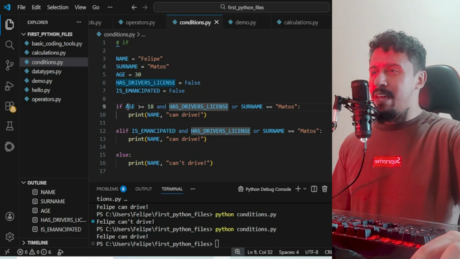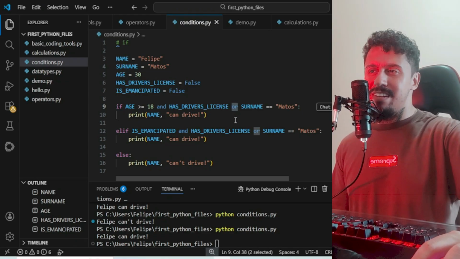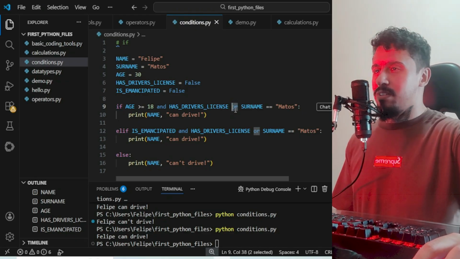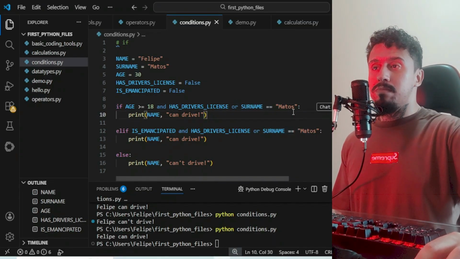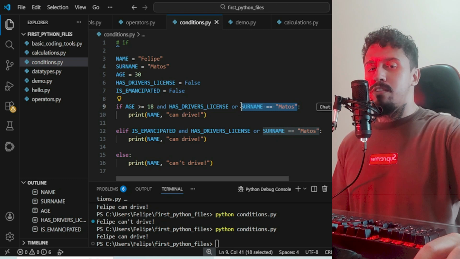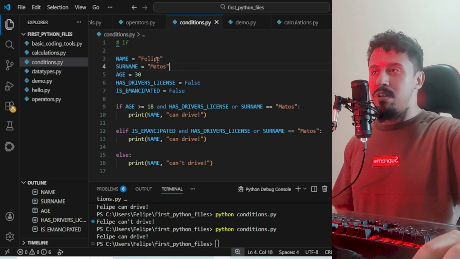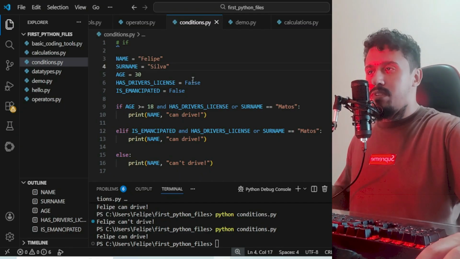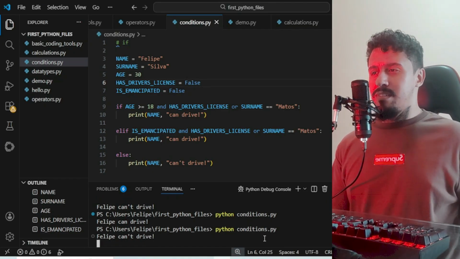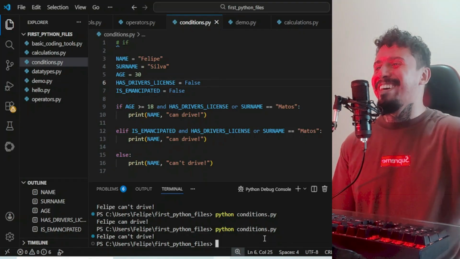Yes, because this returns false, but we have put here the OR logical operator that allows us to return true if one of the comparisons is true. So this comparison here is true. The surname is Matos. What if this guy was Felipe Silva, for example? Now Felipe cannot drive. That's unfair, right? But that's how the world works.